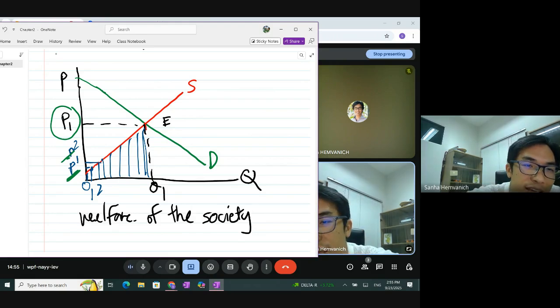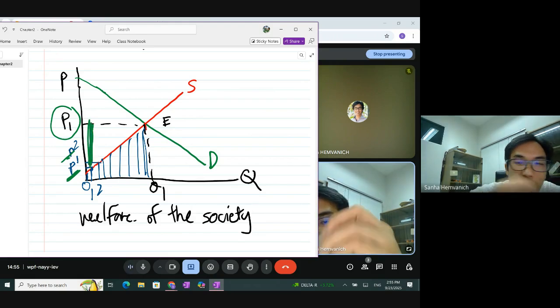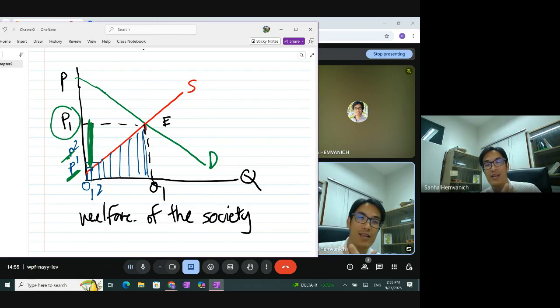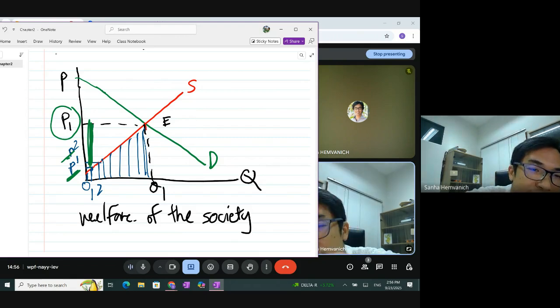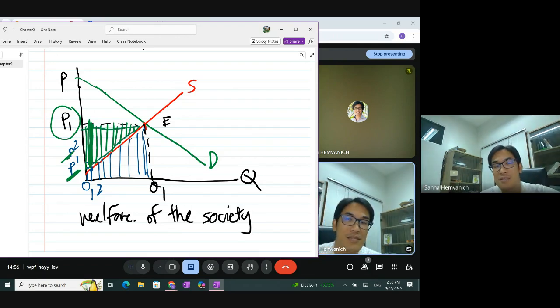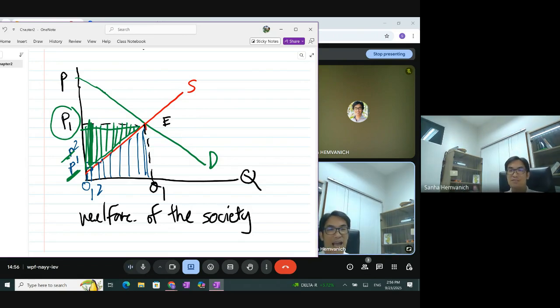I use green to represent the difference between what the consumer pays and the producer gets, and the cost that the producer actually uses. If I highlight this, I get the green triangle, and this is the producer surplus: what the producer actually gets that is higher than the cost used to produce the good. Okay, so that is the concept of producer surplus.